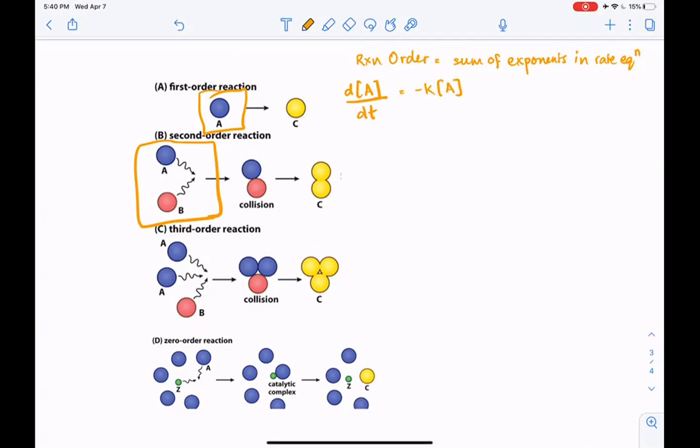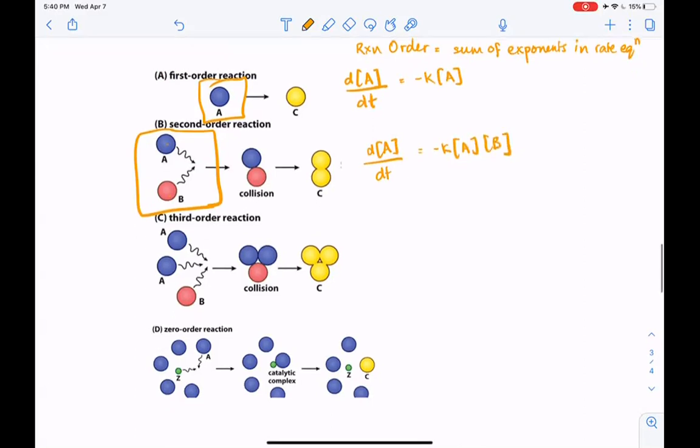And in a second order reaction, it's a similar thing. So we can do dA/dt equals negative k, and in this case we have A and B on which the reaction depends. So this is the generalized rate equation that we're going to get. In a third order reaction, very similar thing, we can just extend that logic to get, in this case, 2 molecules of A needed to react.